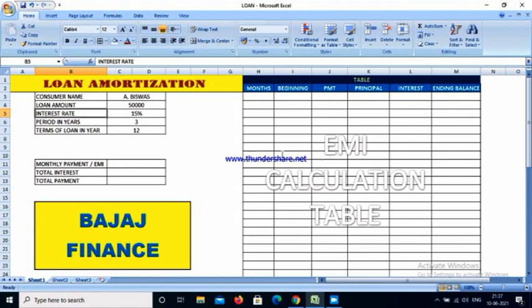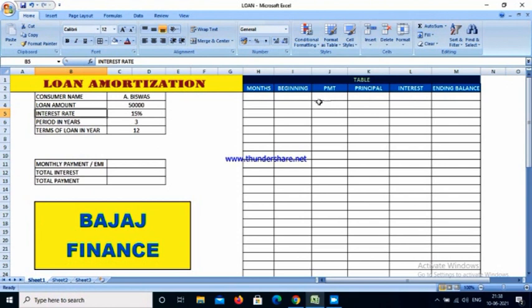So look at here, I have created a table that is the EMI calculation table. First column is months, second column is beginning, meaning starting amount. Always it will start from your original loan amount, likely here 50,000. PMT, per month turn. This is the formula for the actual EMI amount.